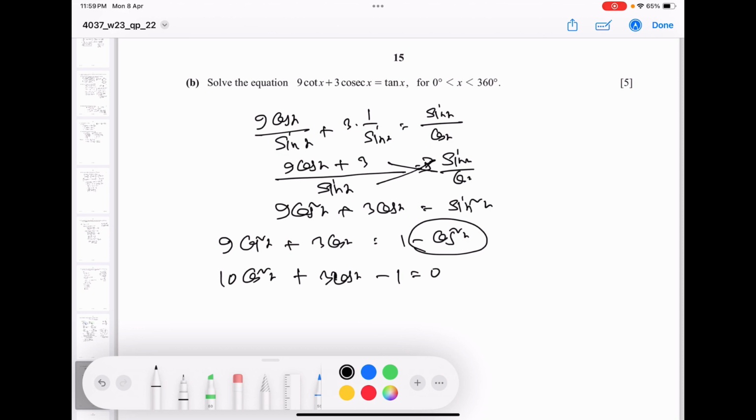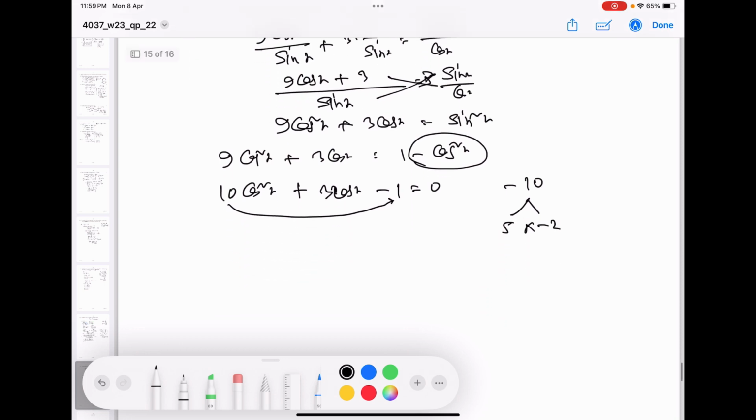Okay, so we can factorize: 10 times minus 1 is minus 10. We can write 5 into minus 2. So 10 cos square x plus 5 cos x minus 2 cos x minus 1 equals 0.